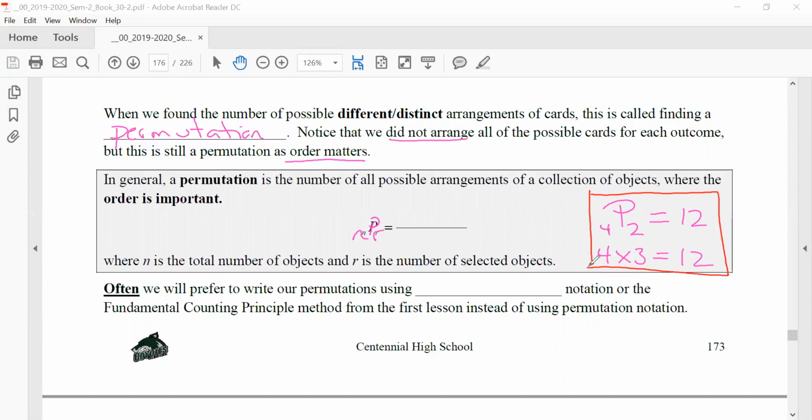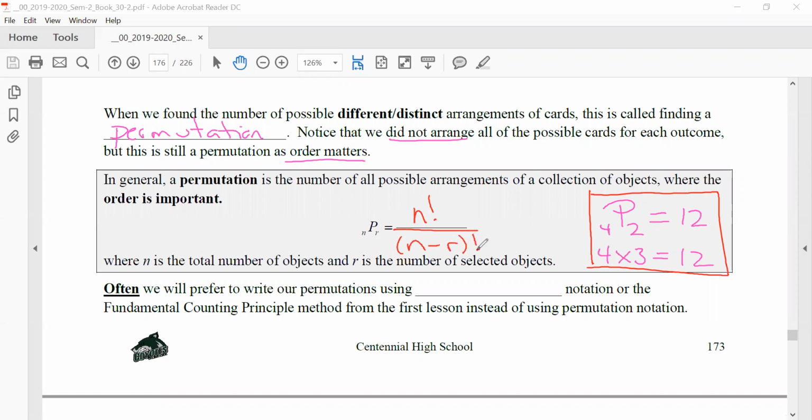So permutation notation and the fundamental counting principle can give us the same answer. But we're going to see as we get into more complex questions that maybe that permutation notation is going to save us some time. Now, there is a formula for this on my formula sheet, which I need you to know. It goes like this: n factorial divided by n minus r factorial.